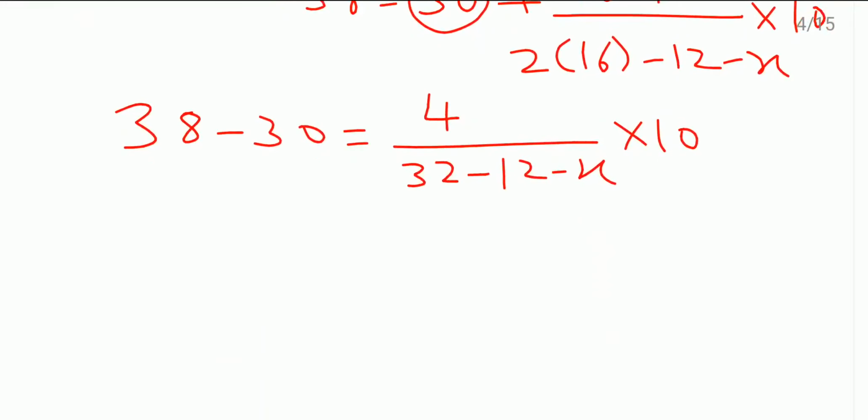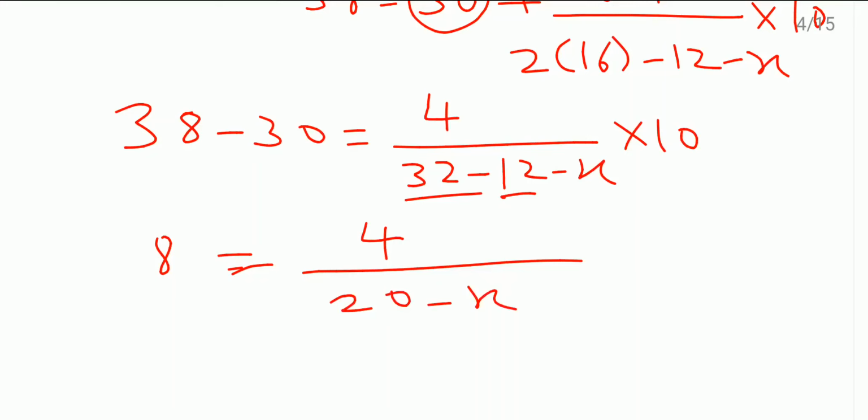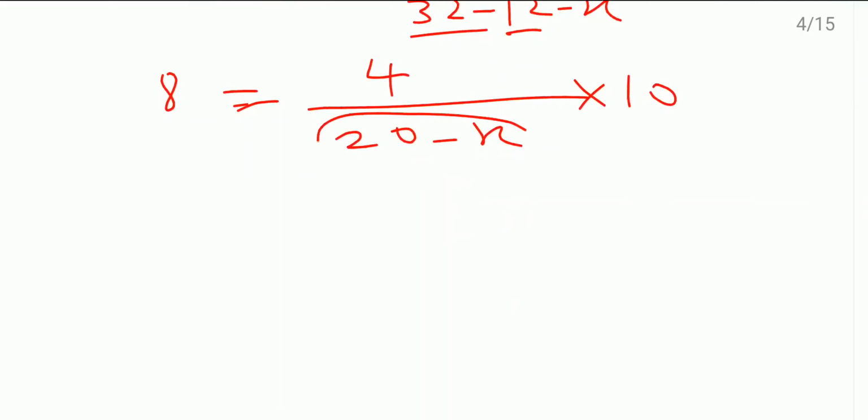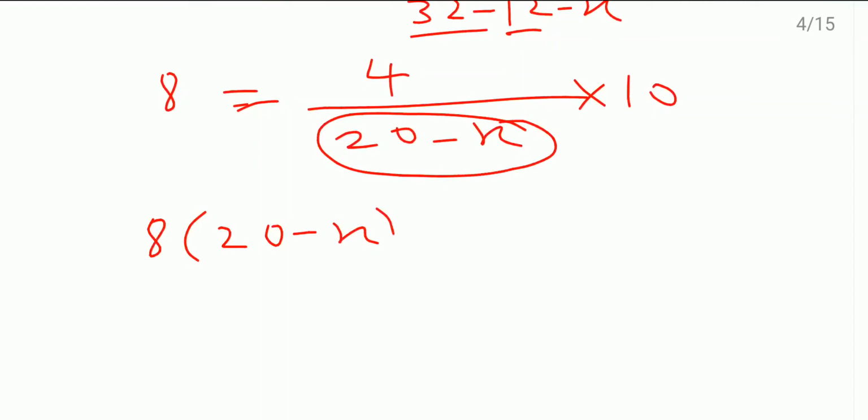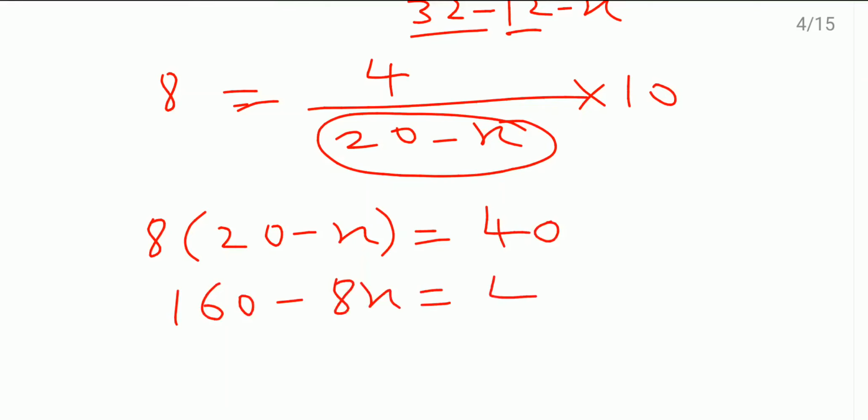See, 38 minus 30 is 8, which is equal to 4 divided by, subtraction of these two numbers comes as 20 minus x, into 10. So this 20 minus x, once again I'll send it to the left hand side. So 8 into 20 minus x, 4 tens are 40. So this is 160 minus 8x, which is equal to 40. So minus 8x, this one is 8x, which is equal to 40 minus 160.